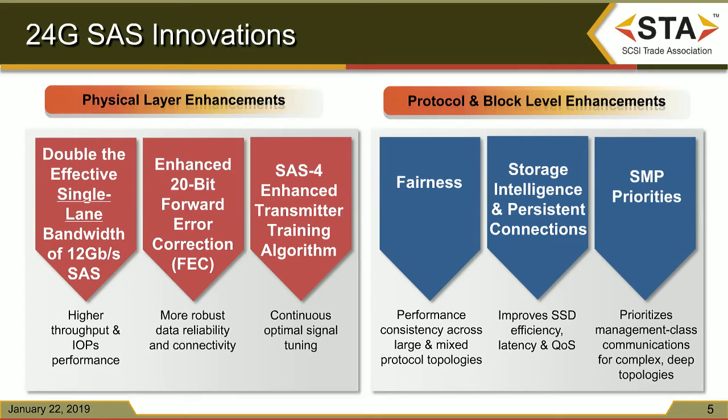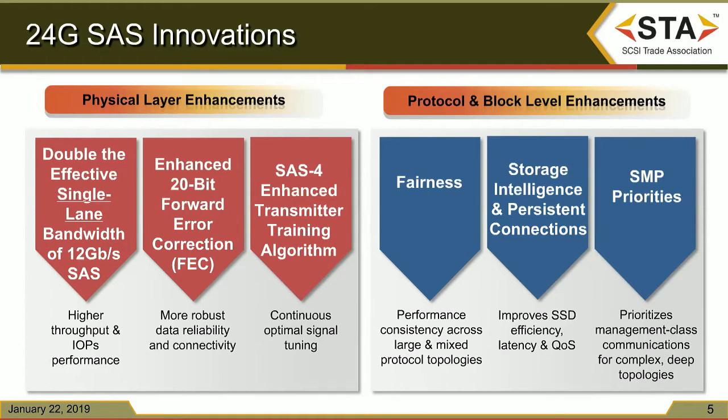On the physical layer side, the easiest one to see is the apparent doubling of the data rate going from 12 gig to 24 gig. We've implemented a more efficient encoding scheme, moving from 8B/10B to 128/130. We've added 20 bits of forward error correction to address very difficult, challenging channels, especially in light of the speed bump to 24 gig.